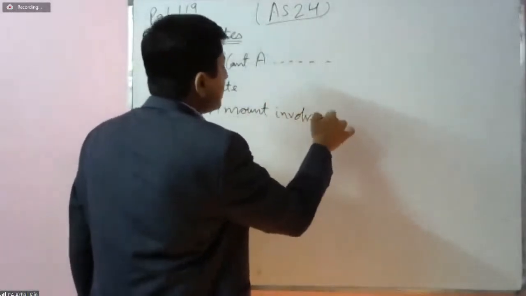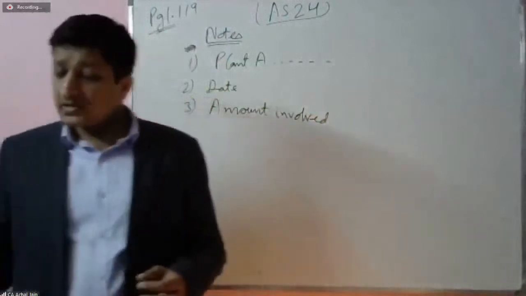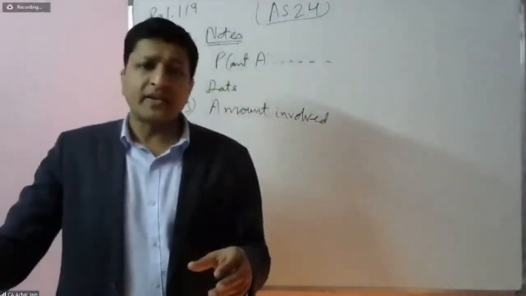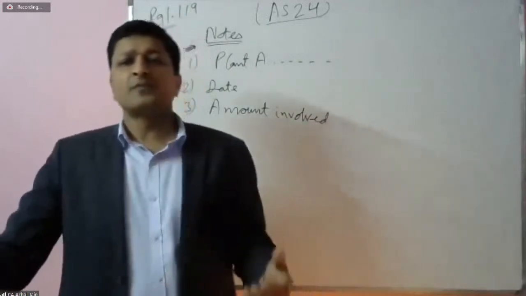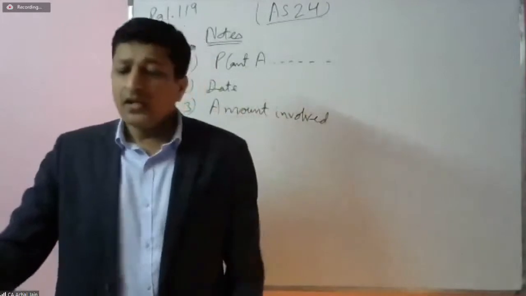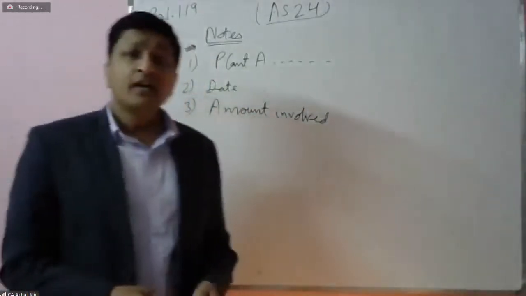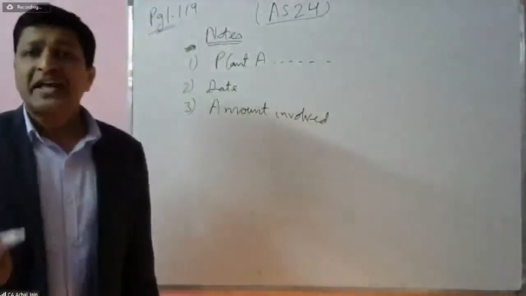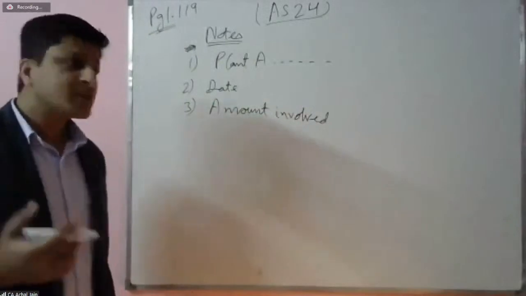Amount involved means if the sale has to take place and the agreement has been finalized, then the company will also include the numbers: that the agreement has been finalized with the potential buyer for this much amount, and what the carrying amount of the assets, liabilities or net assets going to be disposed of is.